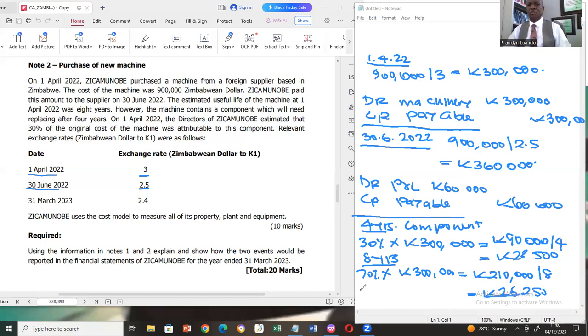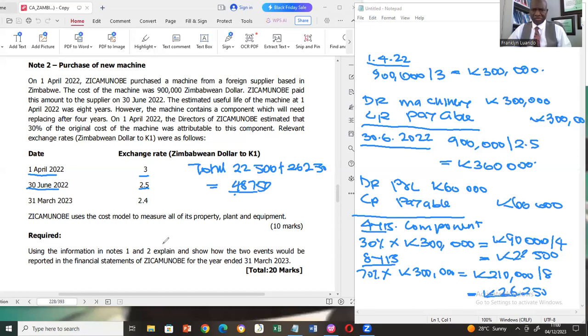So now the total depreciation will be 22,500 plus 26,250. The total here will be 48,750. This amount is to be charged to P&L.